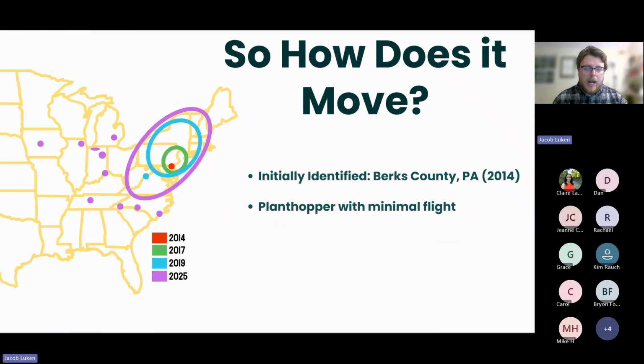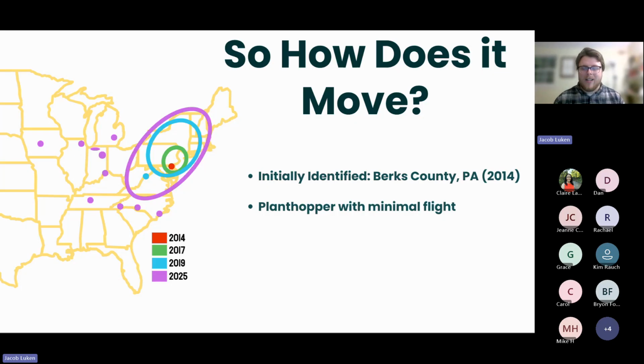So how does it move? It was first identified in Berks County, Pennsylvania, which is this red dot down here, back in 2014. Spotted lanternfly, despite its name, doesn't really fly very much. It's mostly a plant hopper, and it would probably struggle to fly from the end of one room to another, in most cases.